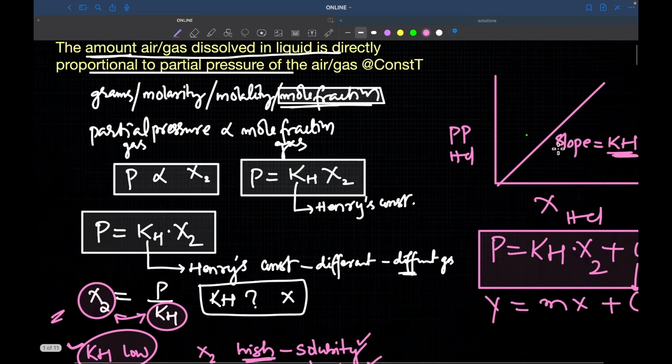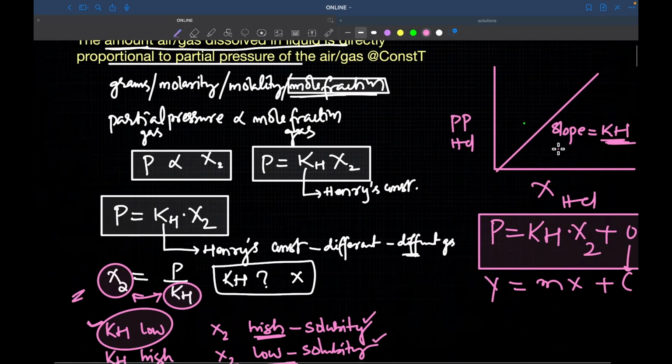So this is the Henry's law. ఒకసారి గ్రాఫ్ గీయండి అమ్మా, గ్రాఫ్ ప్లస్ ఈక్వేషన్. ఈ స్లోప్ ఇస్తున్నారమ్మా క్వశ్చన్‌లో.